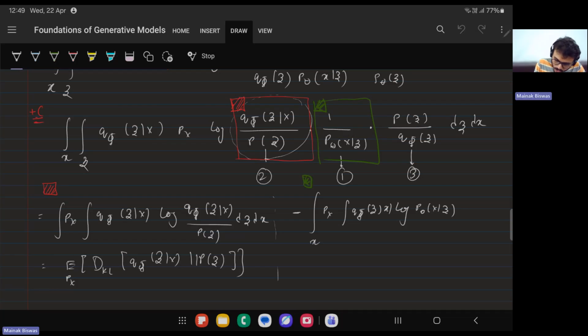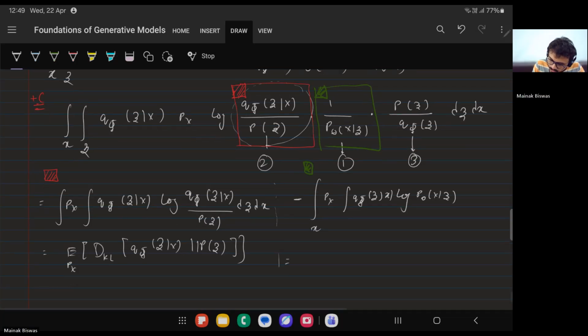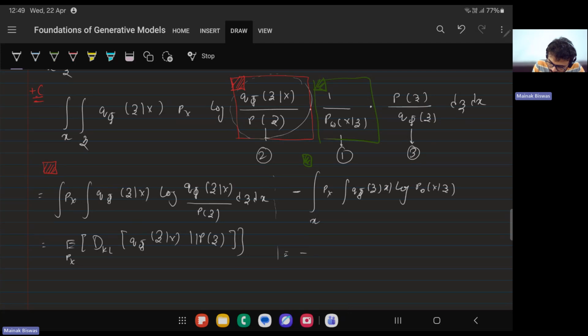And this becomes equal to minus the expected value over p of x and z sampled from q phi of z given x of log of p theta of x given z. That's the reconstruction term we knew from VAEs.